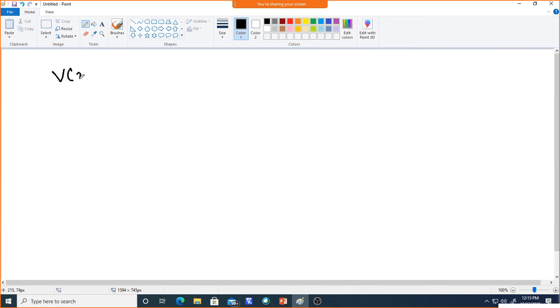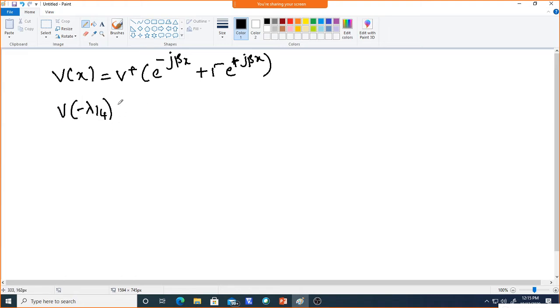That is V of x equal to V plus into e power minus j beta x plus gamma into e power plus j beta x. Now use this equation and find the voltage at the lambda by 4 point. That is nothing but your V2E.